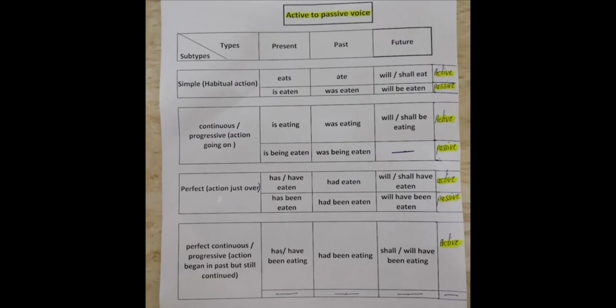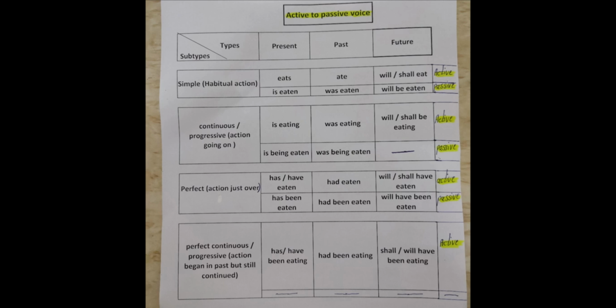Friends, we already know that when we are converting active voice into passive voice, the verb has to change its form and the active form of verb has to be converted into passive form without changing the tense.